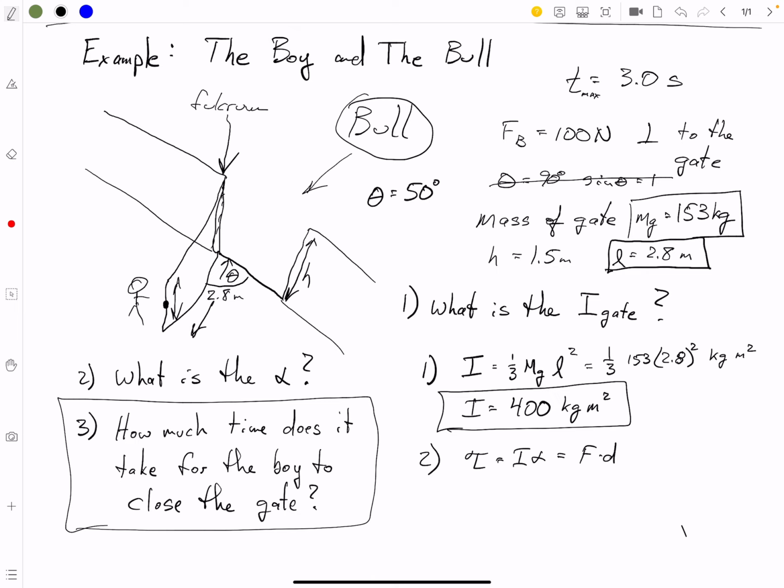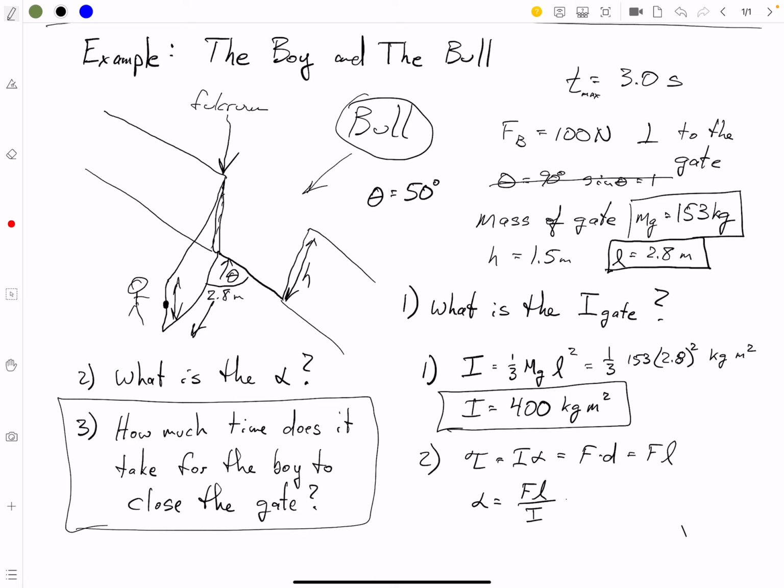And you know he's going to apply all 100 newtons. And the distance is that same length, right? So we've got our force of 100 newtons times L. Great. That's equal to I alpha. So we can solve for alpha by saying the force times the length divided by I, which we've already figured out. So far so good.